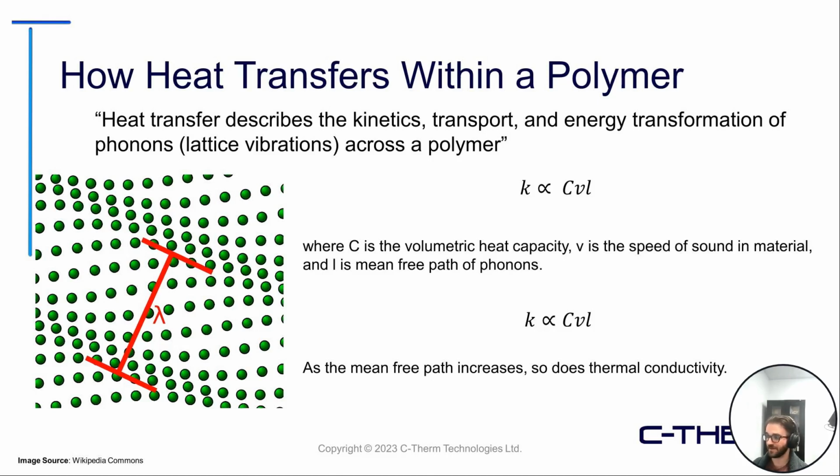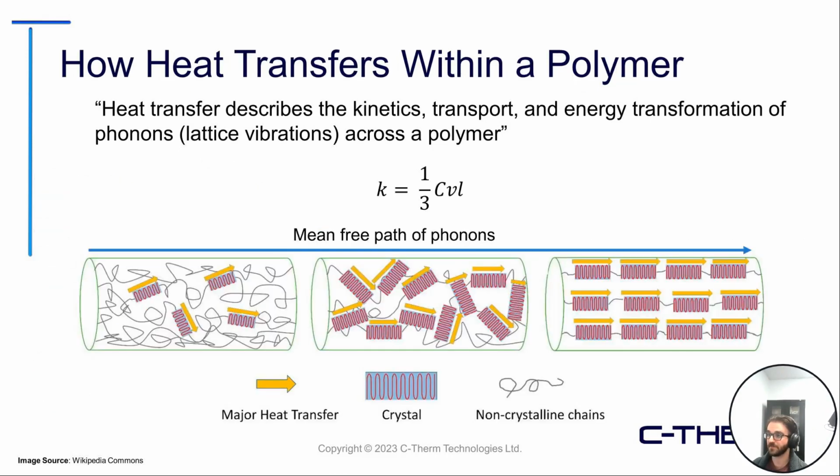We can see here that the thermal conductivity, denoted K, is proportional to CVL. C is the volumetric heat capacity of the material, V is the speed of sound in the material, and L is the mean free path of phonon transfer. Typically, as the mean free path increases, by improving that path of heat transfer, so will the thermal conductivity.